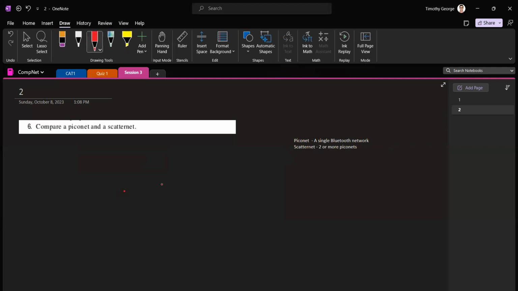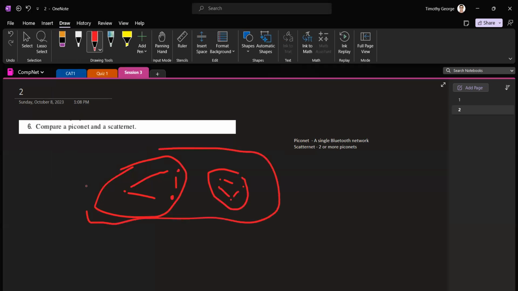So if you have two nodes, maybe three nodes, they're connected, not wired, but all Bluetooth connections. And here is another piconet. This is one piconet, this is another piconet, and together the whole thing is a scatternet. It's a simple concept.